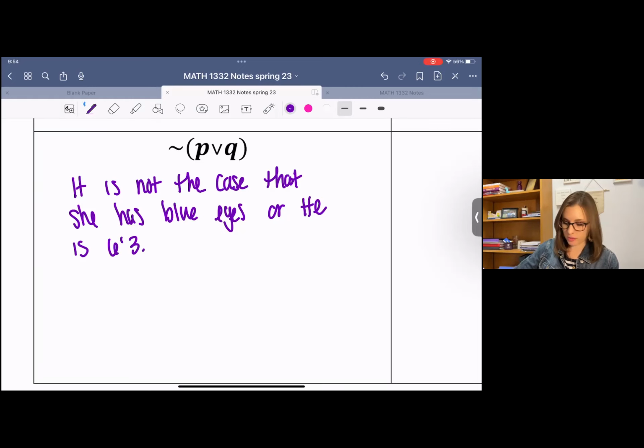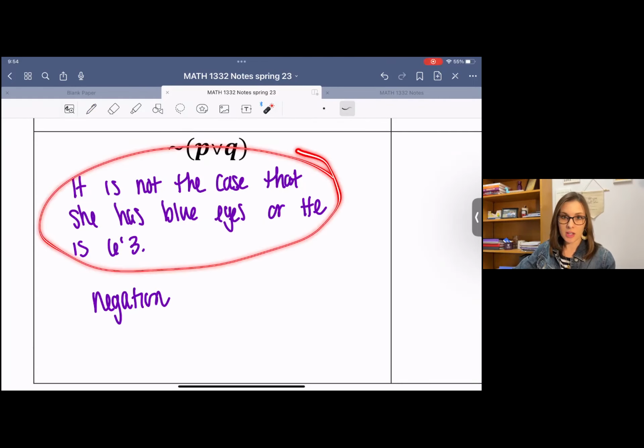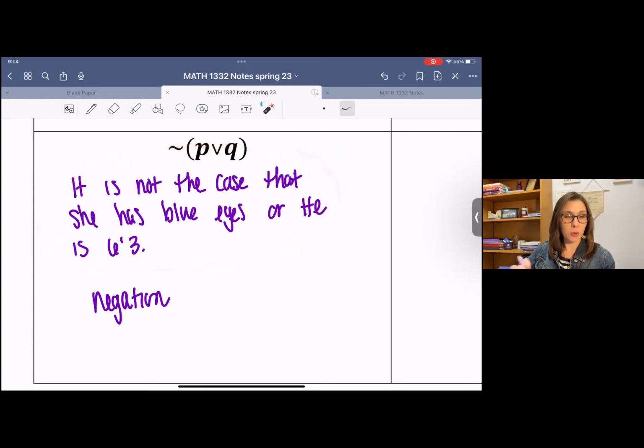And this would be a negation. We will learn in a later lesson a different way to translate this using De Morgan's law, but for now, we'll just leave that as is for this lesson.